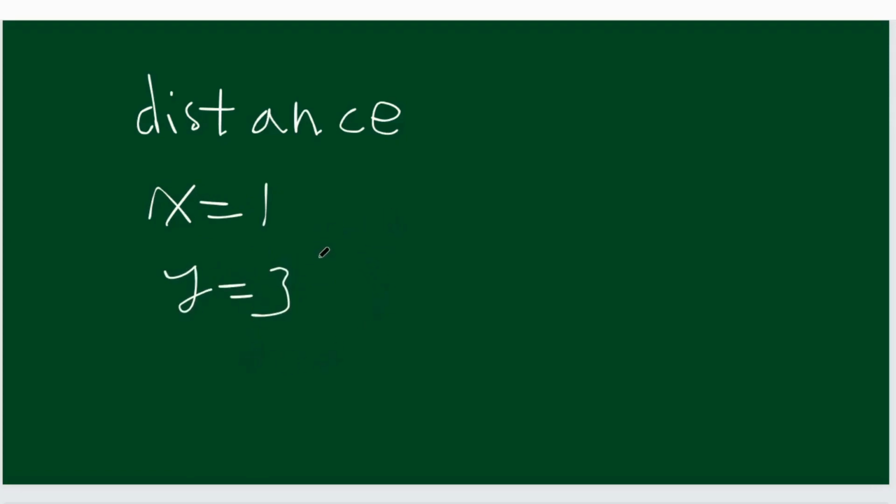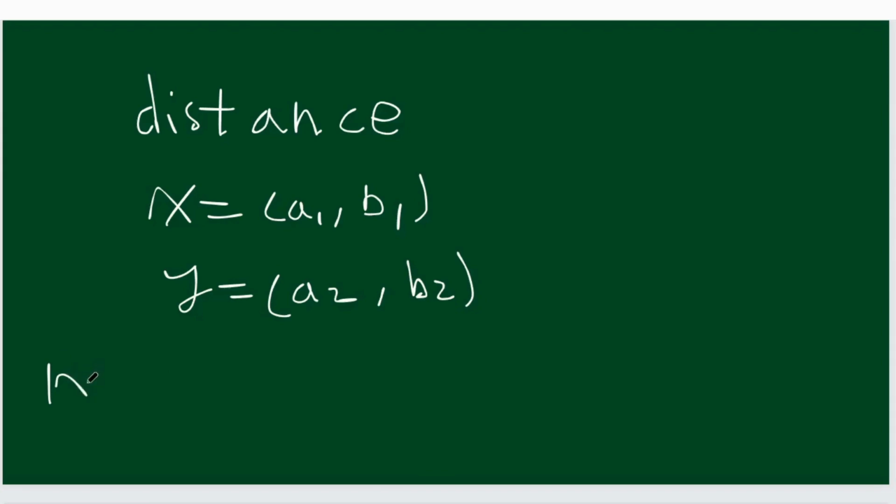In 2 dimensions, you're going to have something like x is equal to (a, b), and we'll just give the general formula. So x is equal to (a1, b1), right? And y is equal to (a2, b2). So what is the distance between x and y? Well, this is the distance between 2 points in a 2-dimensional space.